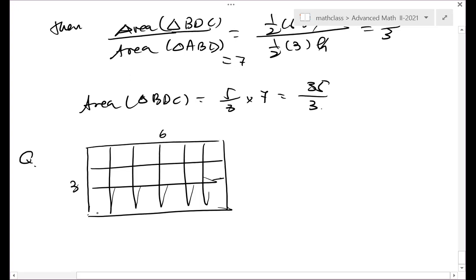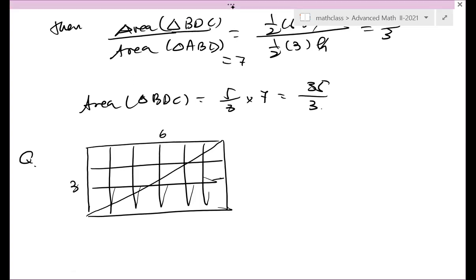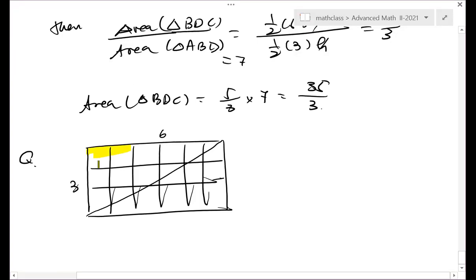I'm drawing the line here. What I wanted to find out is the area of this region.